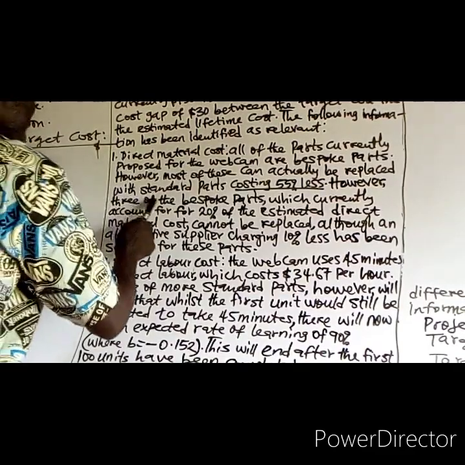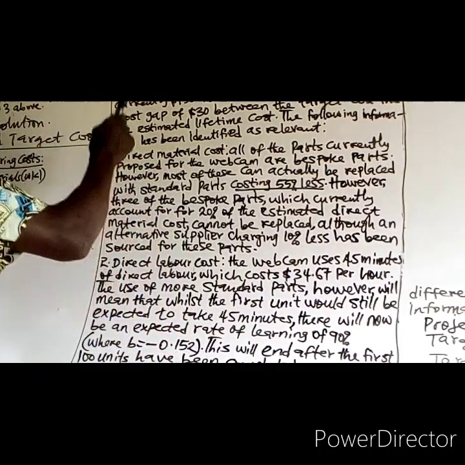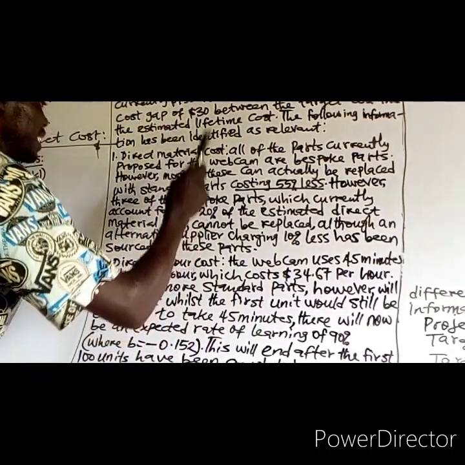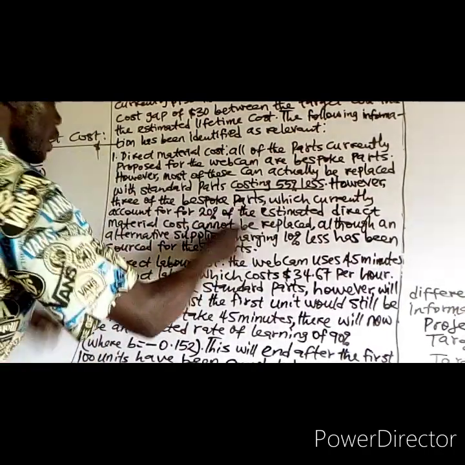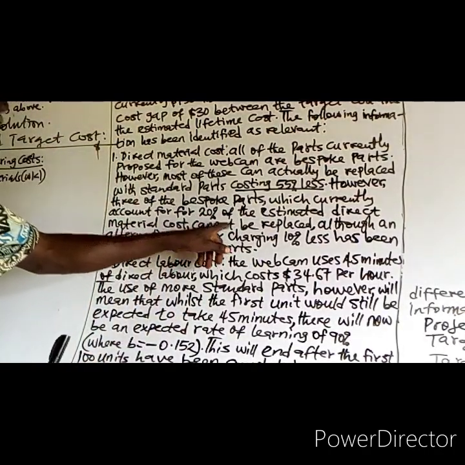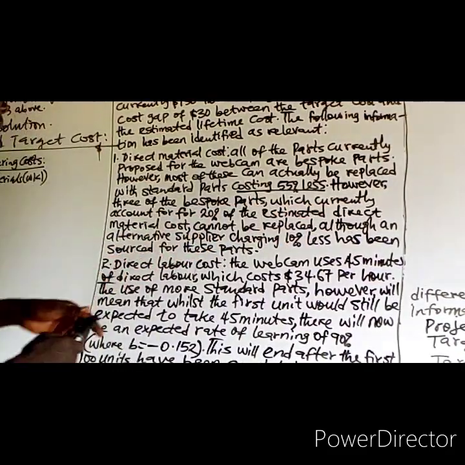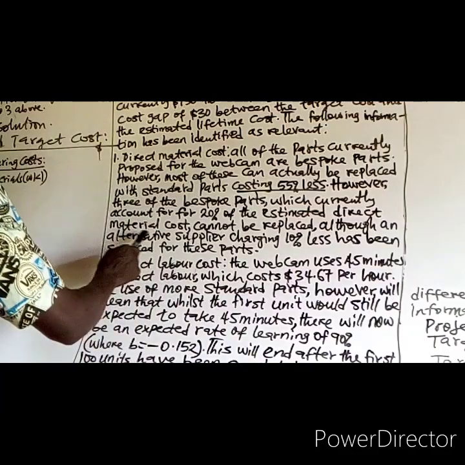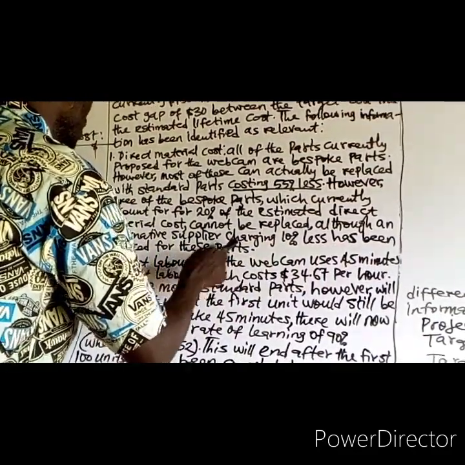However, 3 of the bespoke parts, which currently account for 20% of the estimated direct material cost, cannot be replaced. The non-replaceable part is 20% of the estimated cost, although an alternative supplier charging 10% less has been sourced for this part.